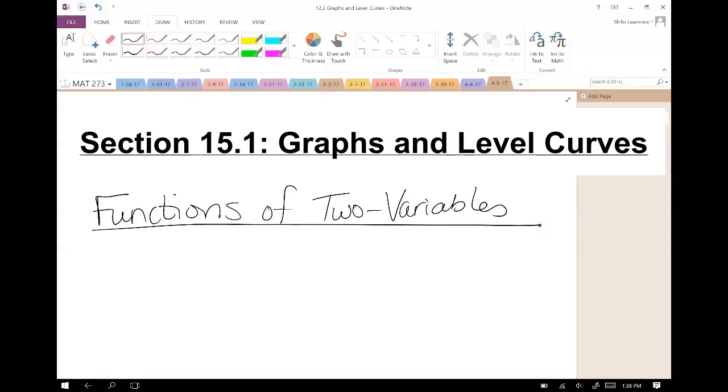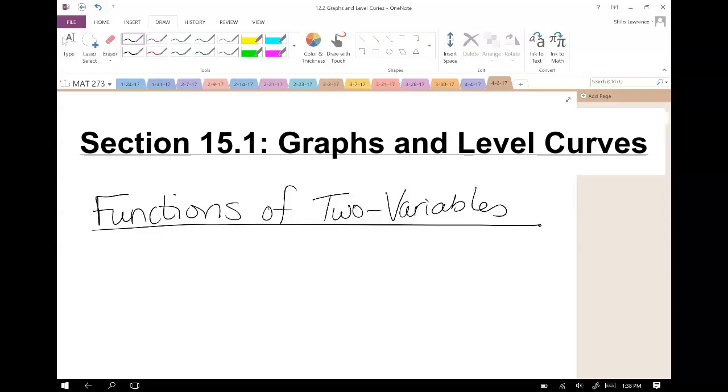So the first little bit here is just some terminology. Functions of two variables: what they mean when they say that is two independent variables. Technically, in these types of functions, you're going to see three variables.